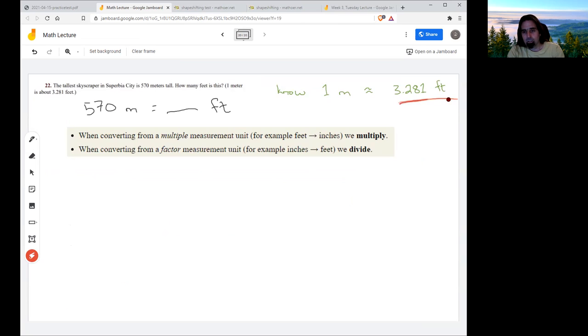Feet are smaller, lots of them fit in a meter, just like inches are smaller, lots of them fit in a foot. So when we're going from the multiple measurement to the smaller one, then we multiply. So this one would actually be a multiply. And whatever that is.